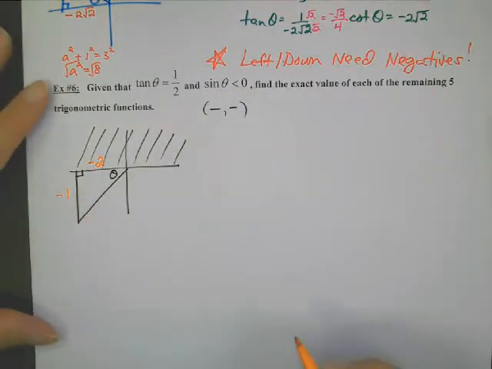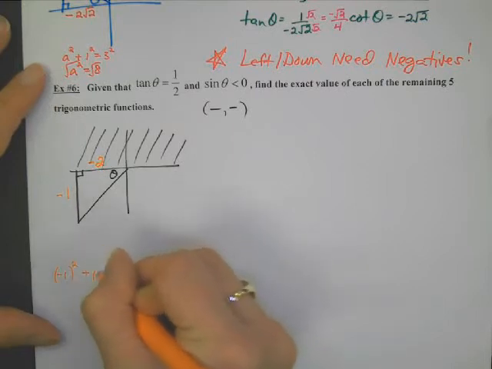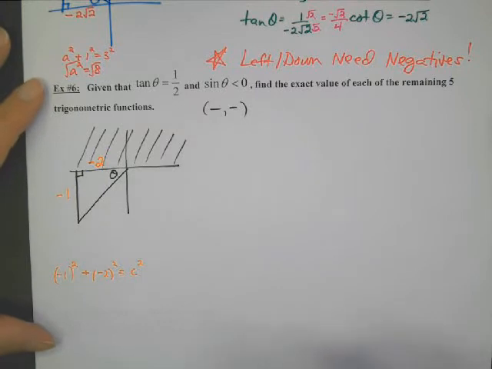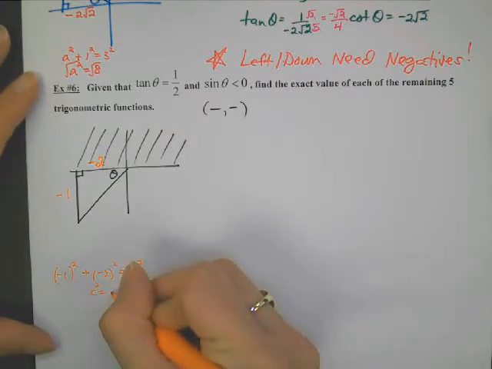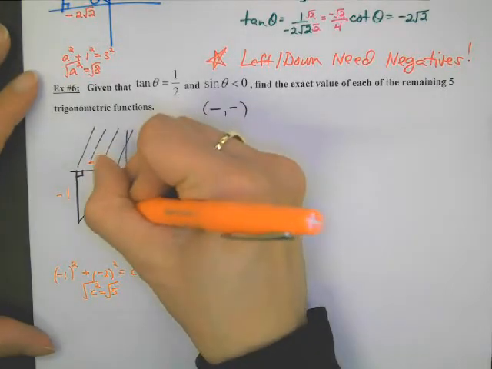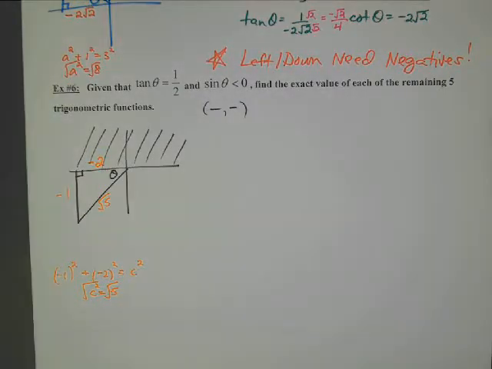Now we'll have to do some Pythagorean theorem. -1 squared plus -2 squared equals c squared. And c squared is going to be a 5, so c is going to be radical 5. Does the hypotenuse become positive or negative? Well, it's always going to be positive. I think we said that a couple times.